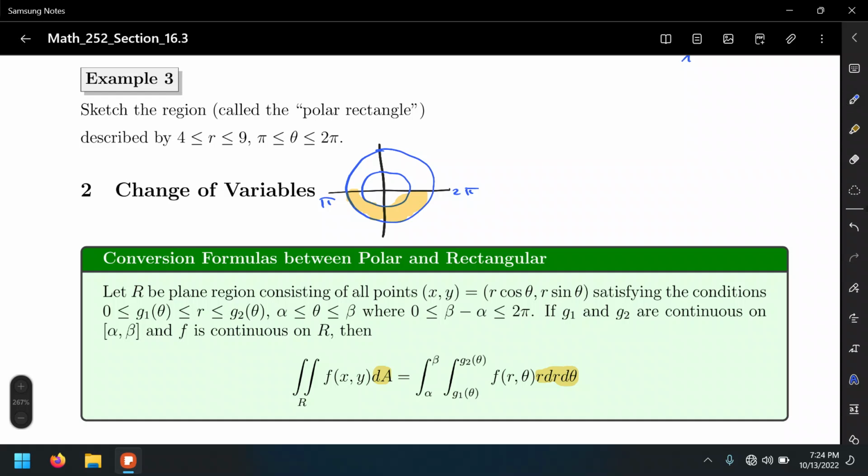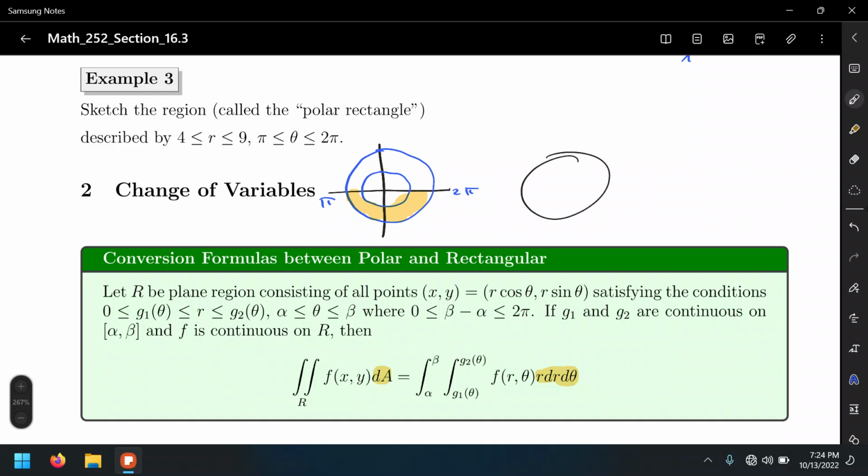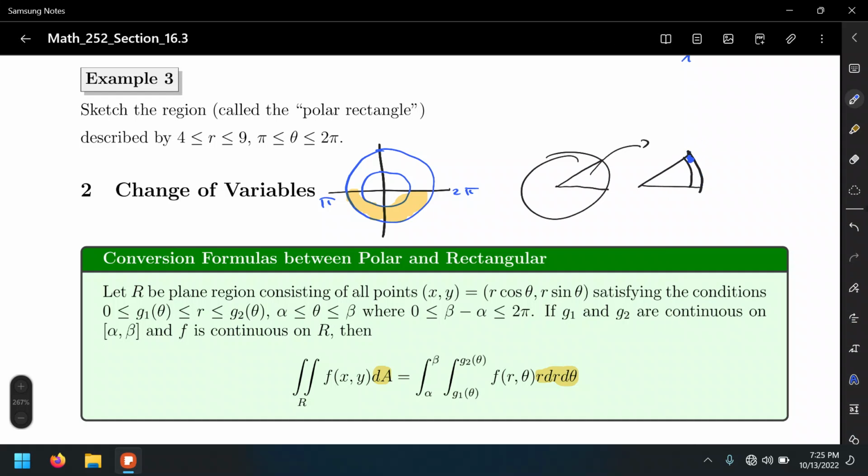So let's consider this circle right here. And I'm going to take only a portion of the circle, one sector. In a similar way that we found the area under the curve for a function f of x by chopping the region into 4 rectangles, 5 rectangles, infinitely many rectangles.